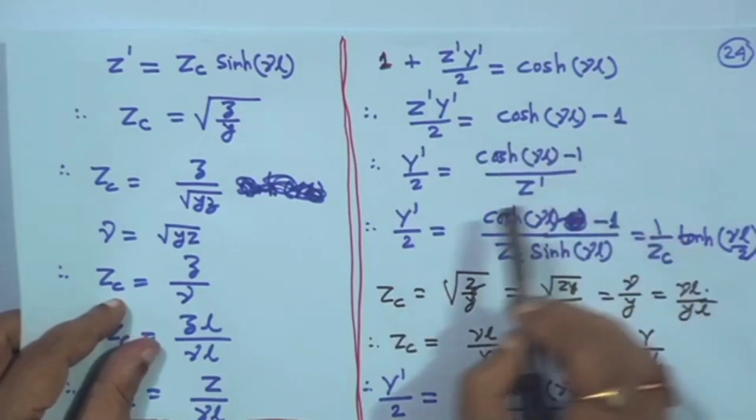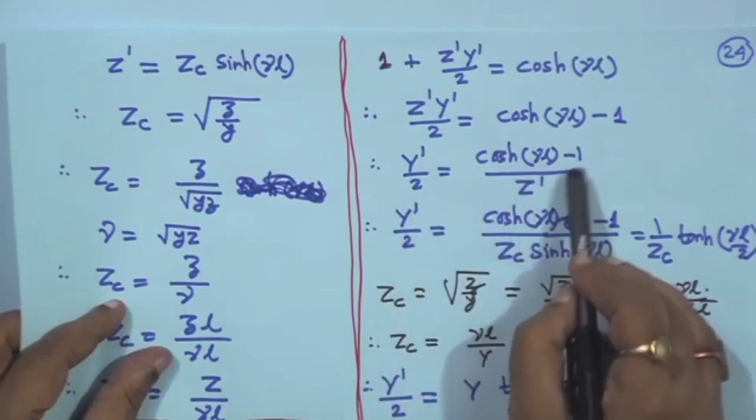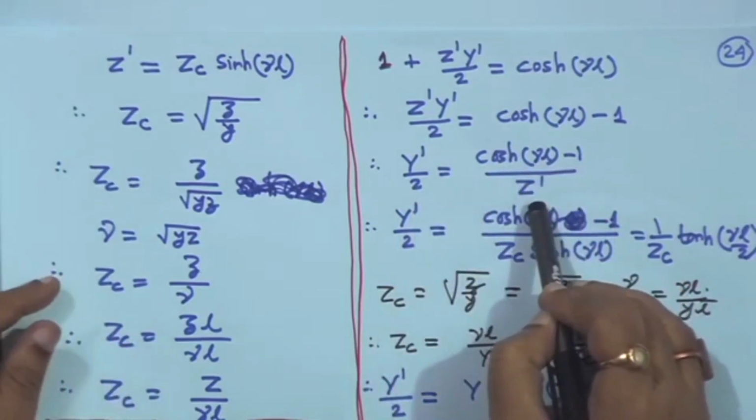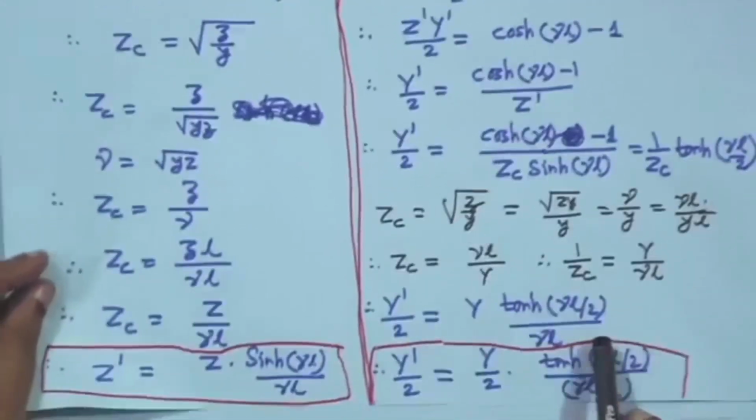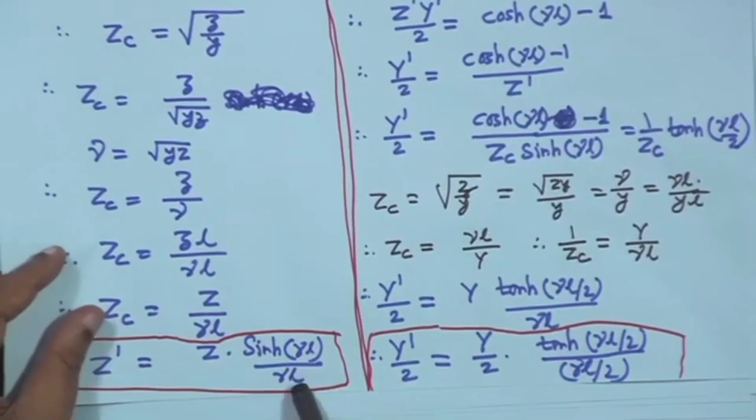Now, y dash by 2 is equal to (cosh gamma L minus 1) divided by Z dash. And Z dash is equal to Z into sinh gamma L upon gamma L.